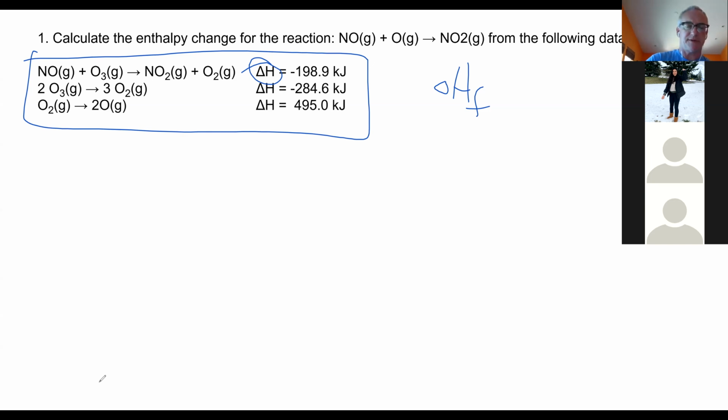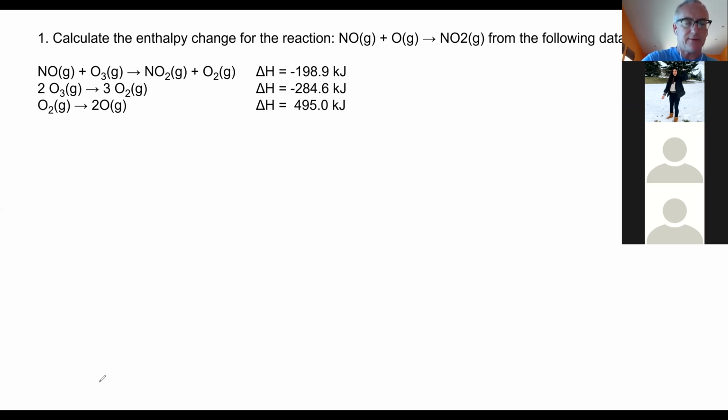I might as well label them so it becomes a little easier. I must have forgotten to label this one, but I labeled the rest of them. So we've got A, B, and C. So NO is a reactant in A.